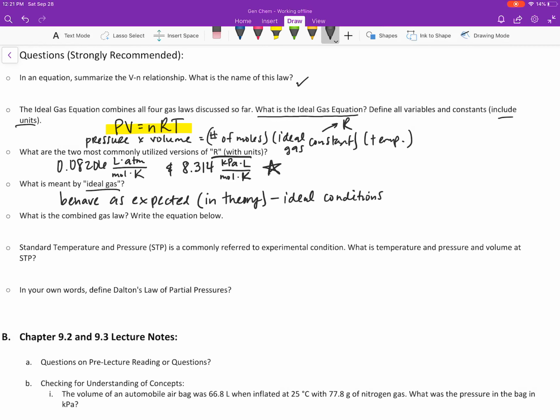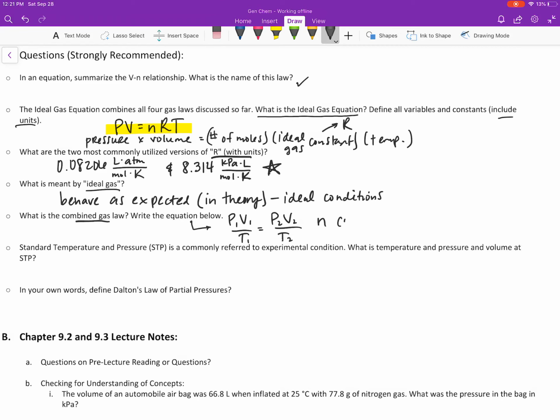There is kind of an in-between of what's called the ideal gas law. It's taking two of the individual gas laws and combining them. Maybe it's three; you can think of it in multiple ways. This is the combined gas law. It combines pressure, volume, and temperature. Pressure and volume are inversely related. That's still true here. Pressure and temperature, as well as volume and temperature, were directly related. That's still true here.